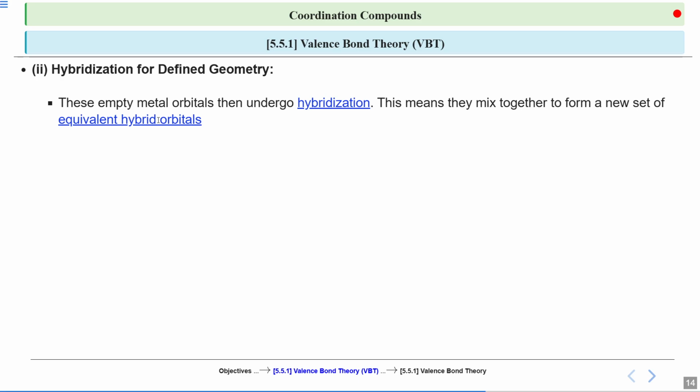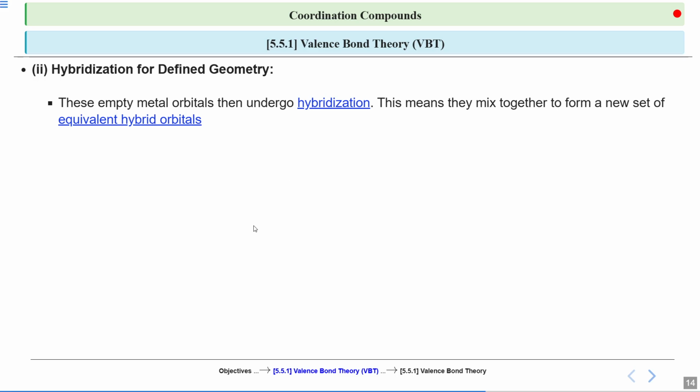So orbital hybridization is basically the mixing of atomic orbitals to form new hybrid orbitals. The empty orbitals provided by the metal are going to intermix with each other to form new hybrid orbitals which are suitable for the pairing of electrons to form the chemical bond with the coming ligands.